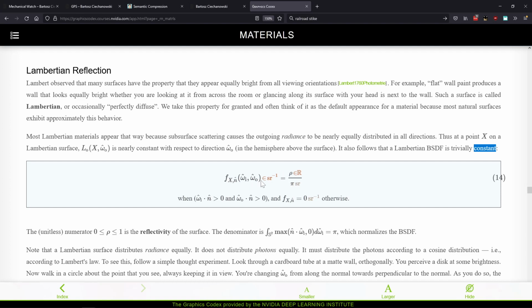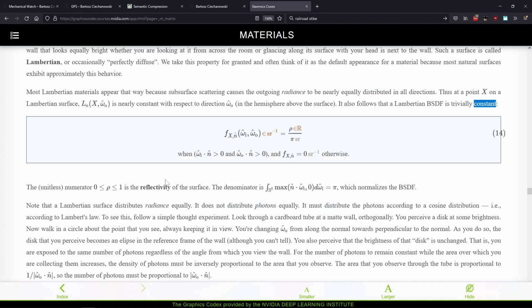Okay. See, I thought this was like a function where you take stuff in and you pass stuff out, but no, it's a constant, this whole thing. So this is just describing how, given any incoming and outgoing direction, the value is going to be this.